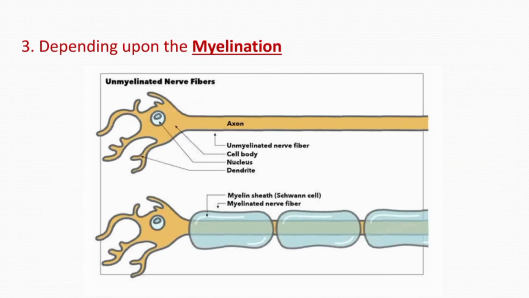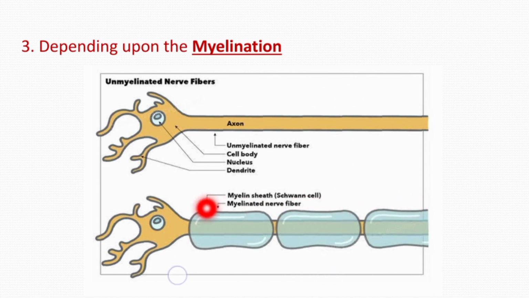Now we can also divide the neurons depending upon their myelination. Here we divide the neurons into two types, that is myelinated neurons and unmyelinated neurons. As the name indicates, myelinated neurons are the ones in which the axon is having a myelin sheath.